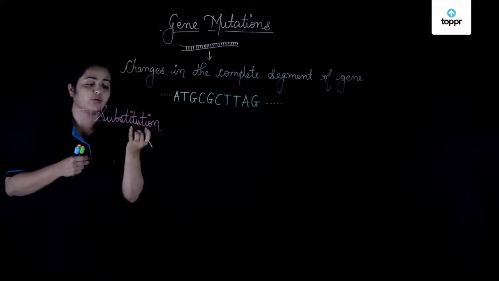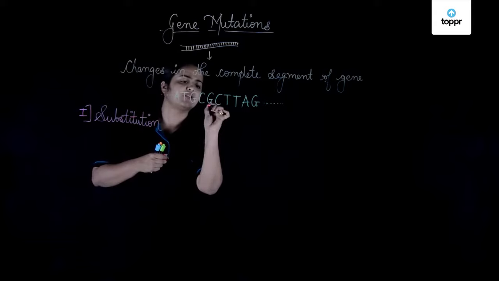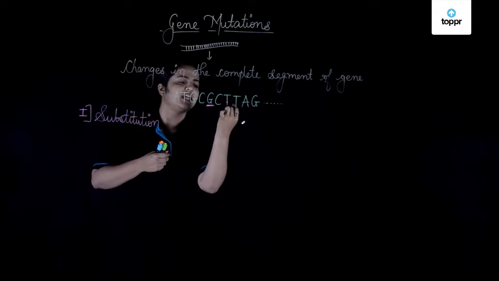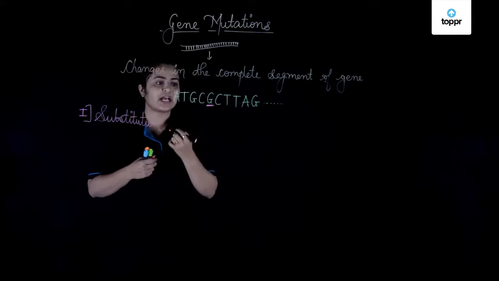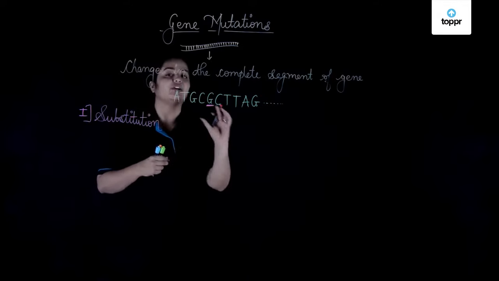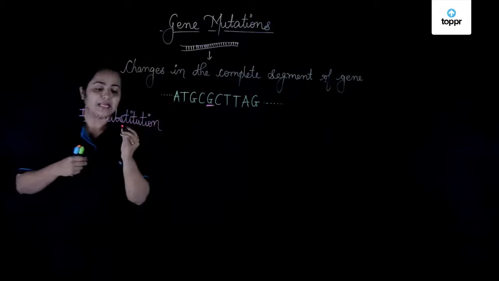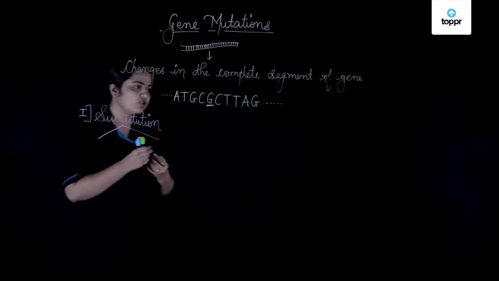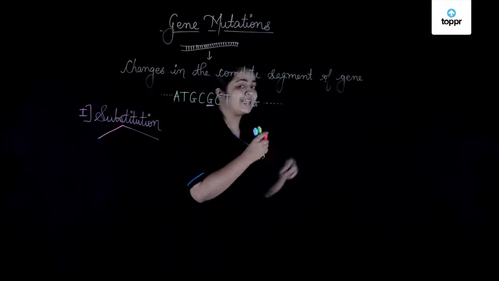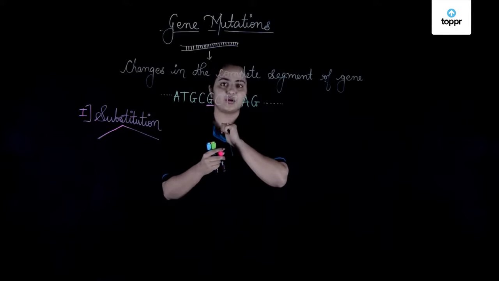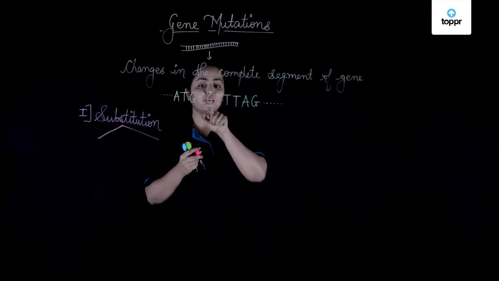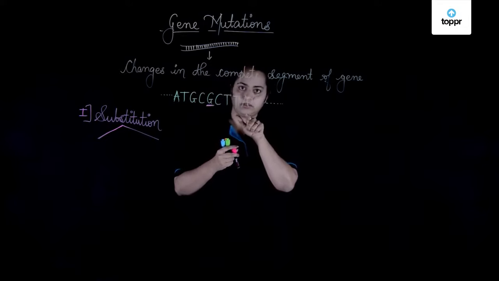Substitution of what? What are we substituting? Can I substitute this G by either C or T or A? Yes, I can. Some kind of change happens so that this G changes to something else. Now, here let us assume this G is getting changed to A, right? That means my purine is getting changed to another purine. Yes.